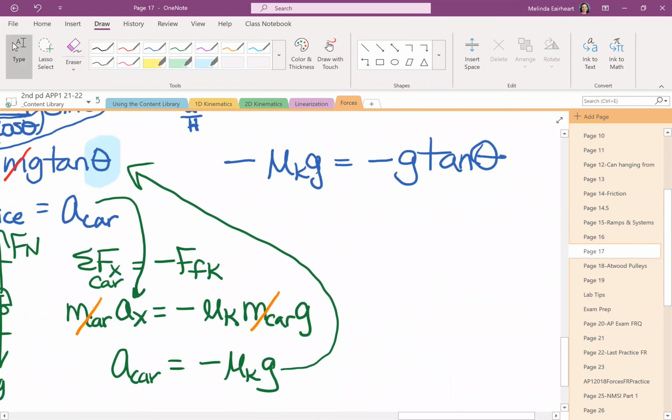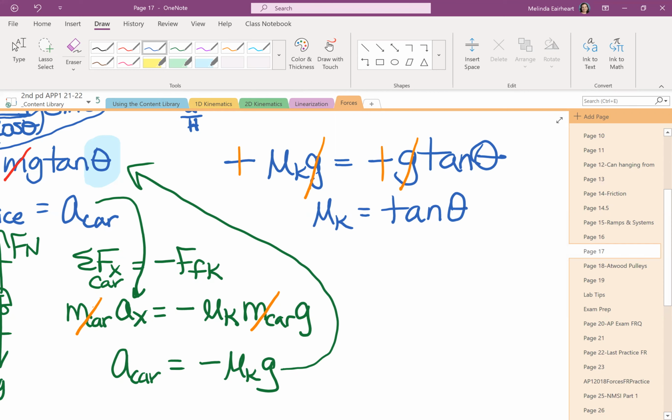Now I've told you don't get cancel happy, because most problems you don't cancel so much, but this one we are. What cancels at this point? Gravity and the negative, right? And so notice all that mess simplified to tan theta equals mu k.